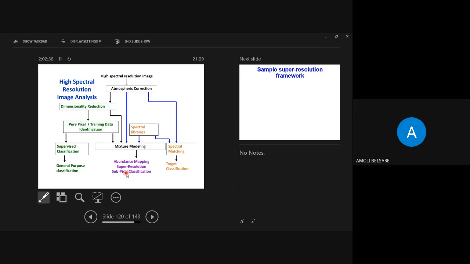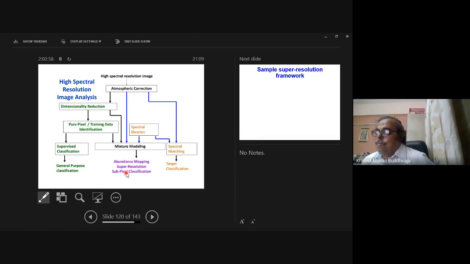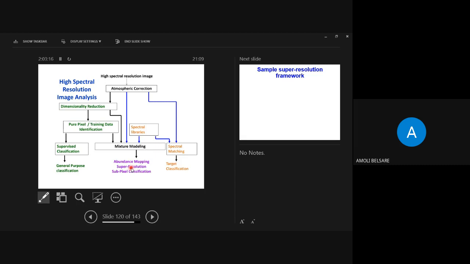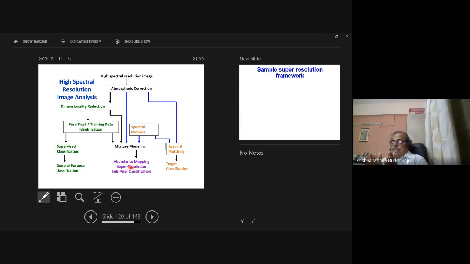Okay, now if I have the subpixel level classification, and since I know the true response of each class, can I generate an image at a higher spatial resolution? Okay. So I know that a pixel contains 4 classes, and I know where those 4 classes are inside the pixel, and I know the spectral response of each class.